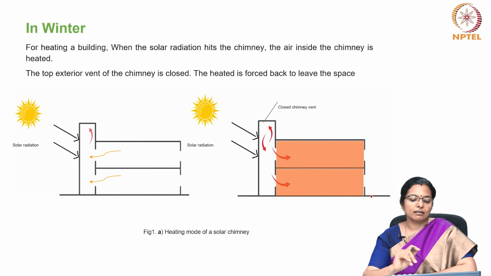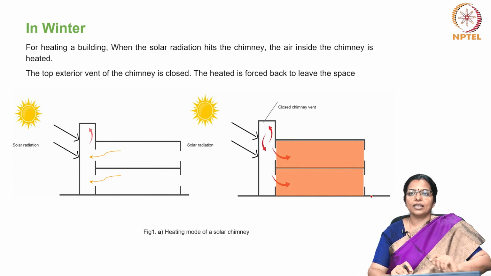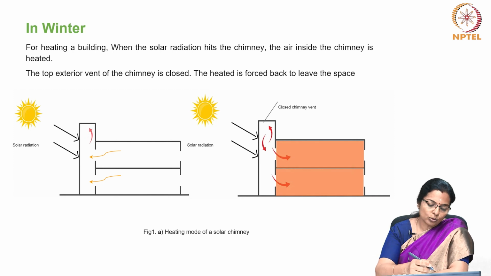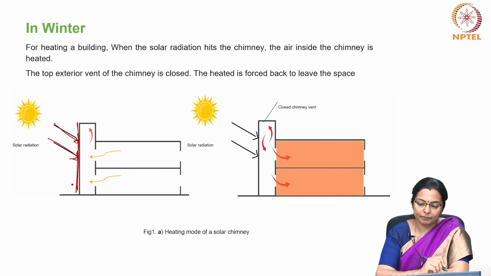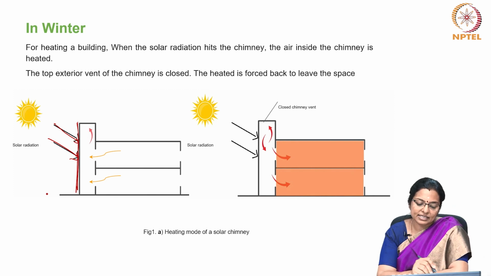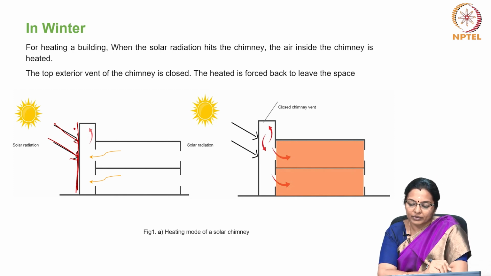So, in winter, we need to heat the building. For heating a building, when the solar radiation hits the black surface of the chimney, the air inside becomes warm. The top exterior vent of the chimney is closed.